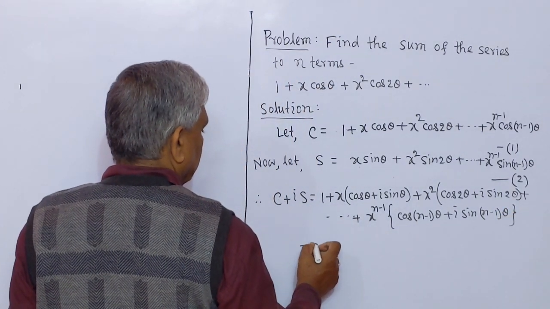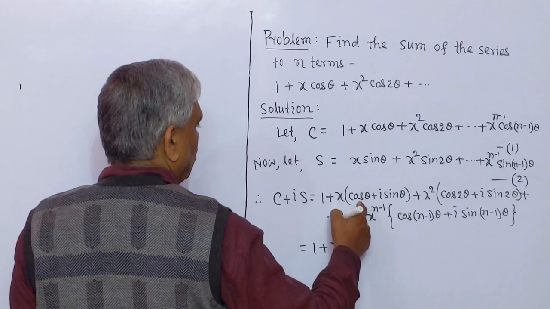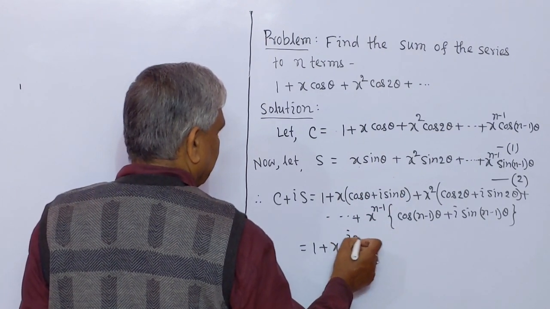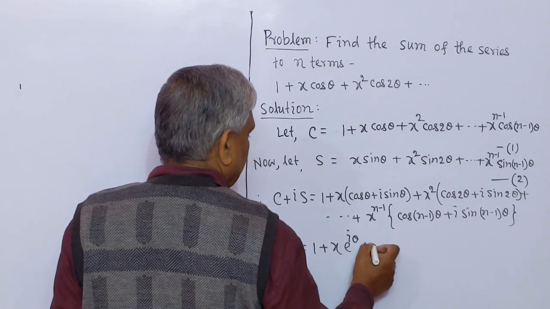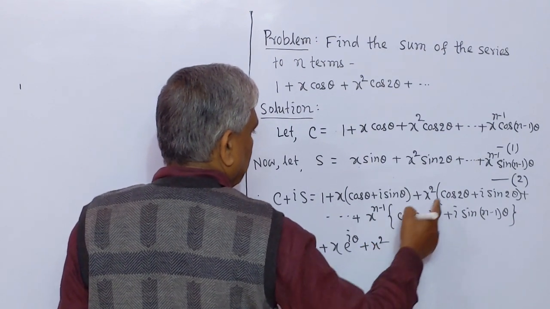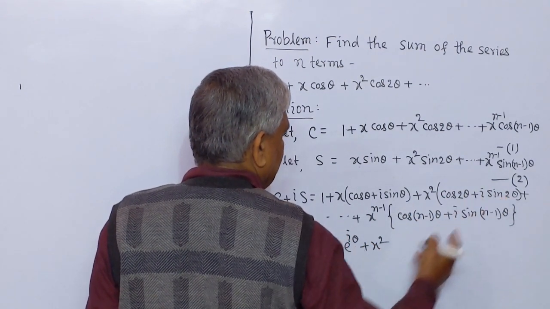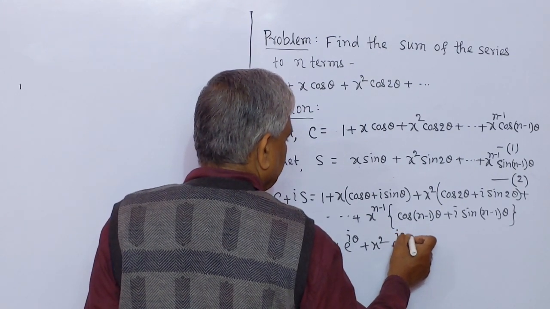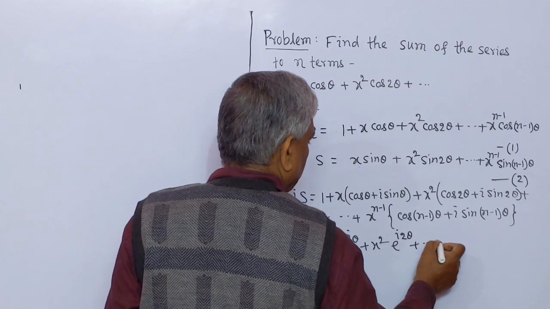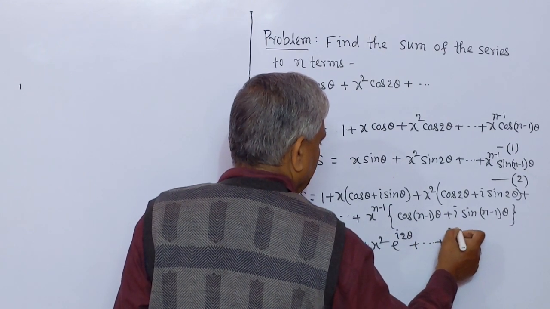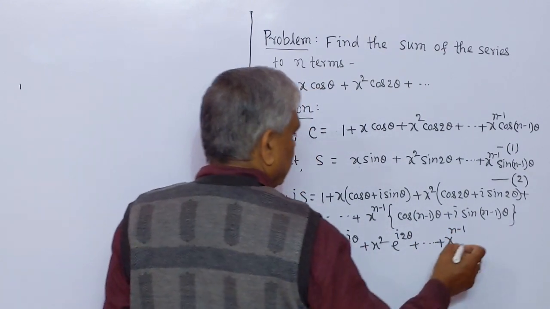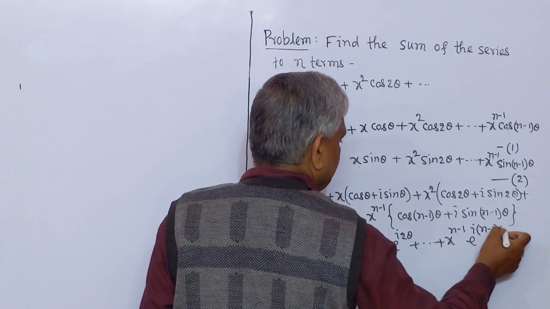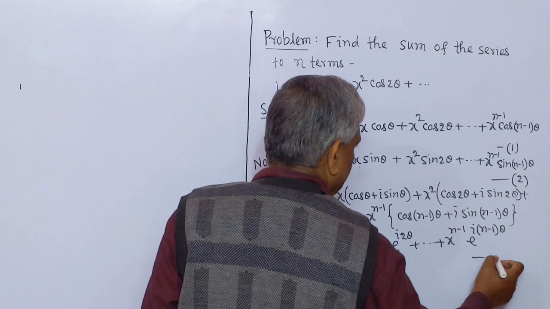This is equal to 1 plus x e to the power i theta plus x square e to the power i 2 theta plus ... plus x to the power n minus 1 e to the power i n minus 1 theta. This is number 3.